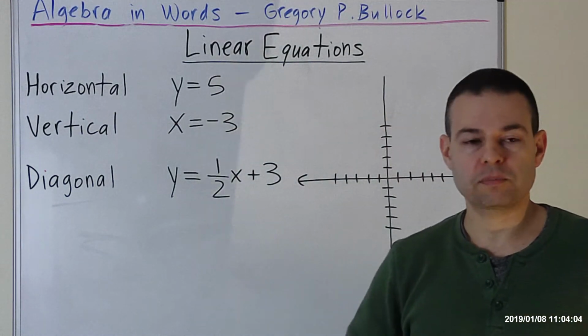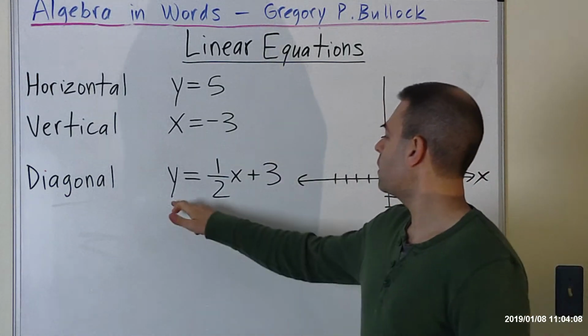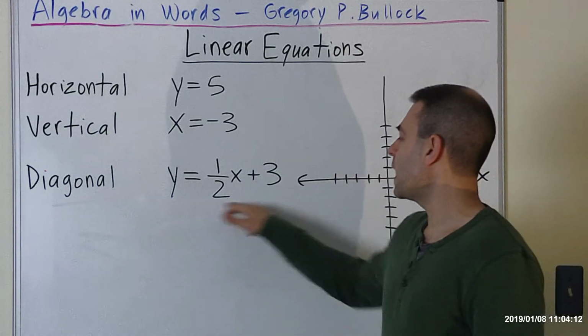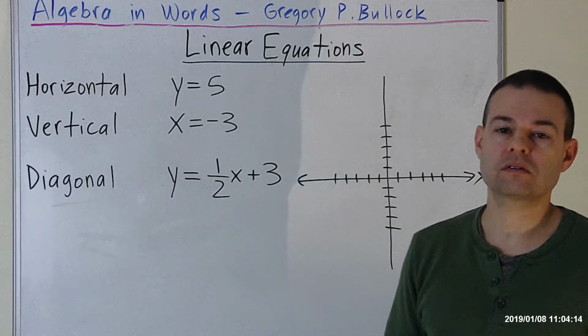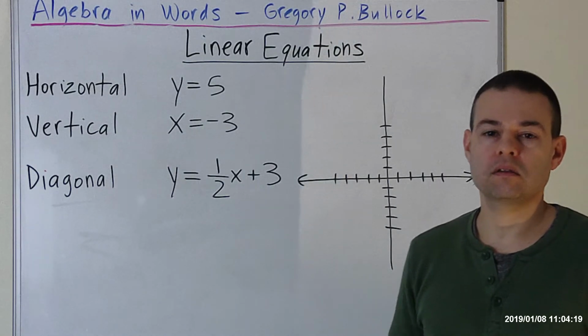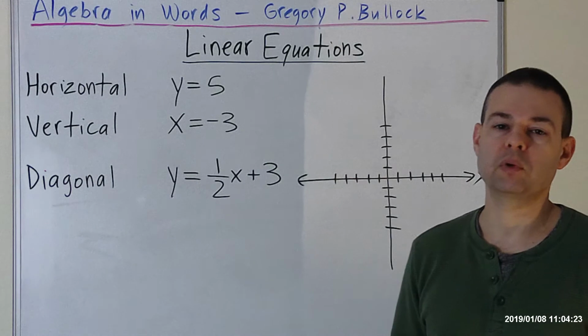I'm going to explain that in a second, but before we get to that, usually students get accustomed to diagonal line linear equations. This one is in the form y equals mx plus b, the slope-intercept form. That's the form that students I've encountered are most comfortable with.